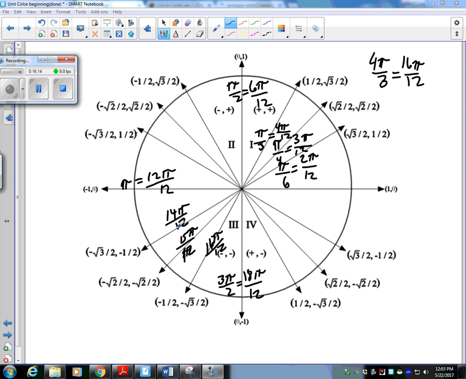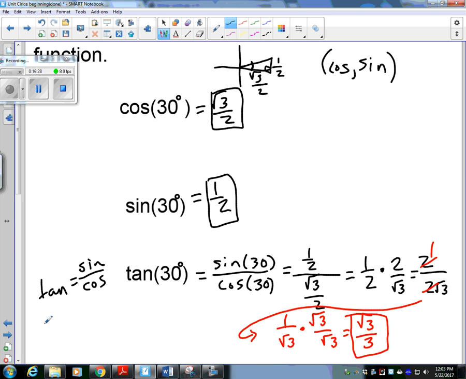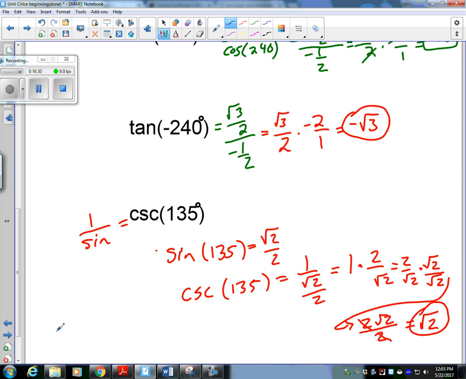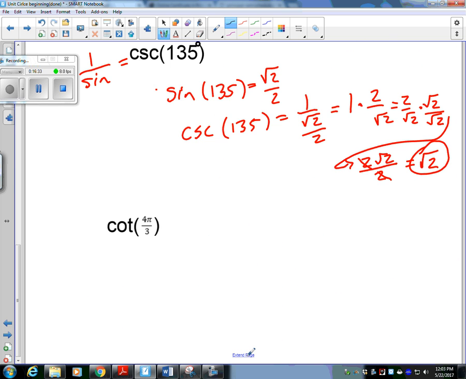And so we have the cosine is negative 1/2, the sine is negative square root of 3 over 2. All the way down. So we have this as cotangent. Cotangent is the same thing as 1 over tangent, so we have to find the tangent of 4 pi over 3 and then do the reciprocal of it. So the tangent is the sine of 4 pi over 3 divided by the cosine of 4 pi over 3.